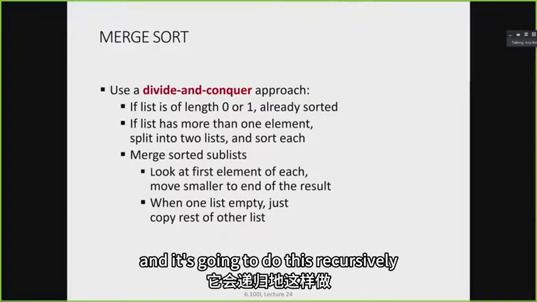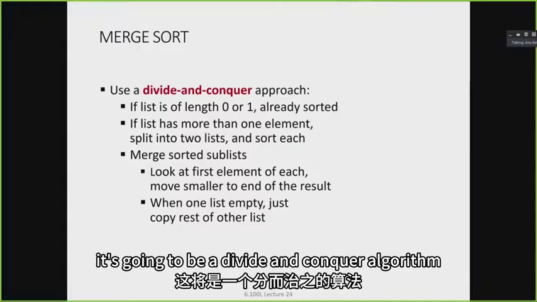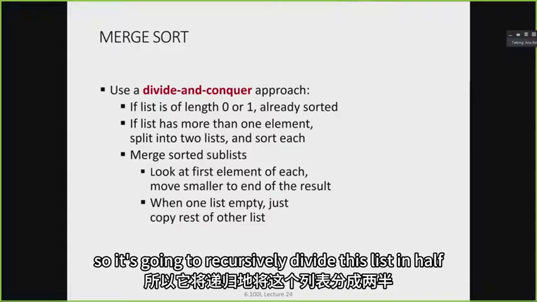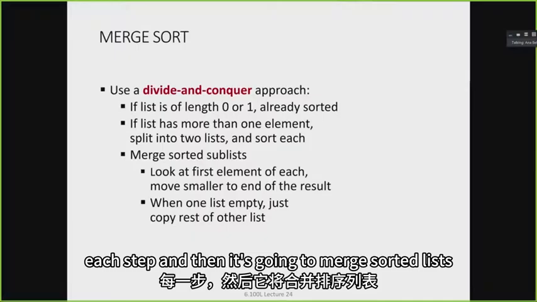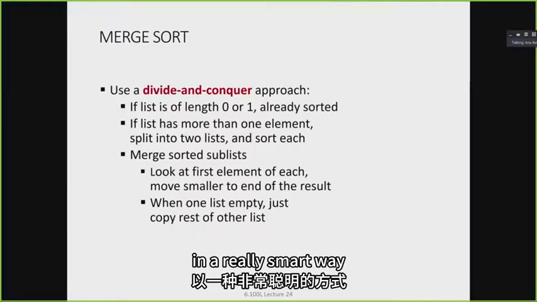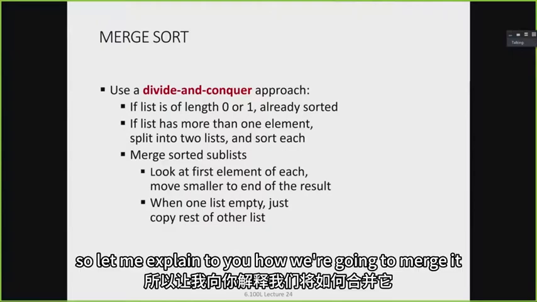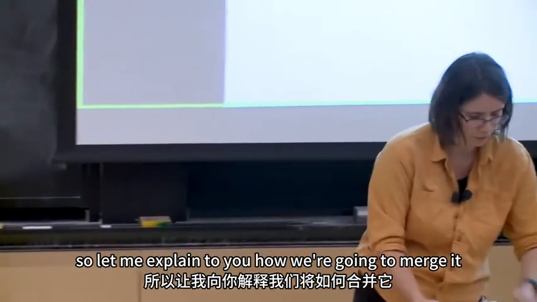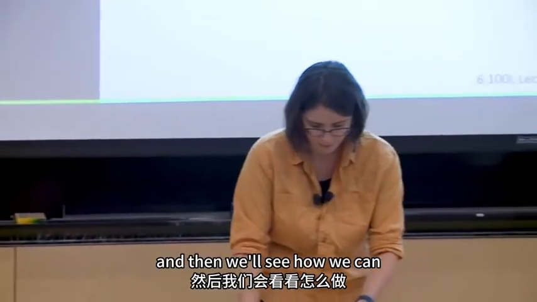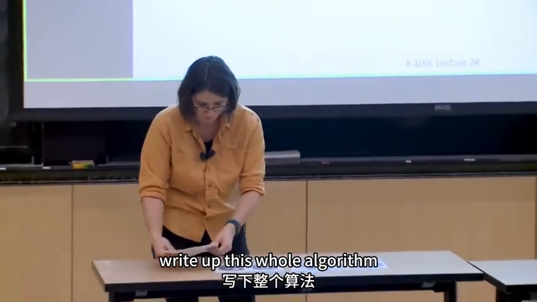And it's going to do this recursively. It's going to be a divide and conquer algorithm. And then it's going to merge sorted lists in a really smart way, such that it'll give us the speed up that we're interested in. So let me explain to you how we're going to merge it, and then we'll see how we can write up this whole algorithm.